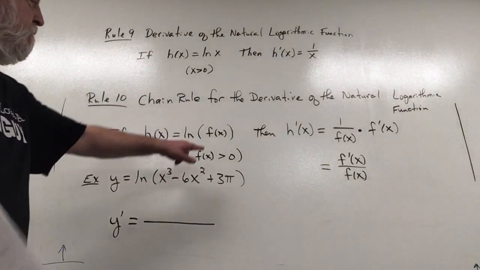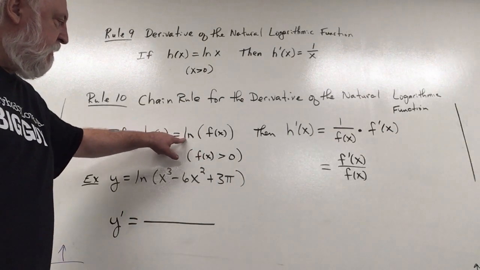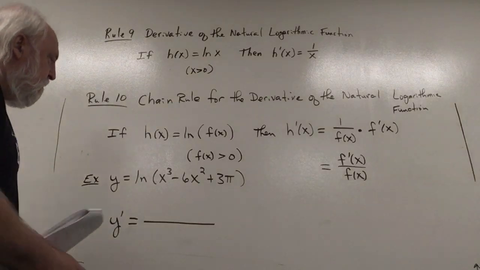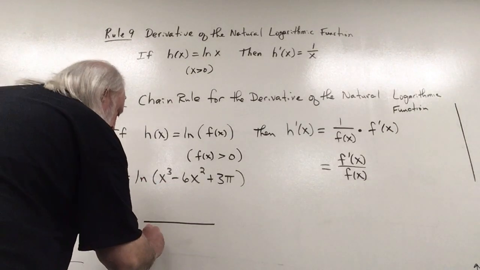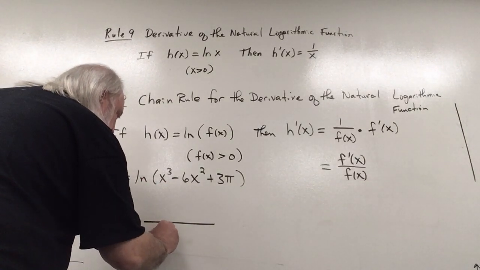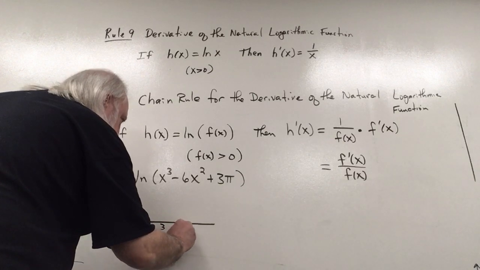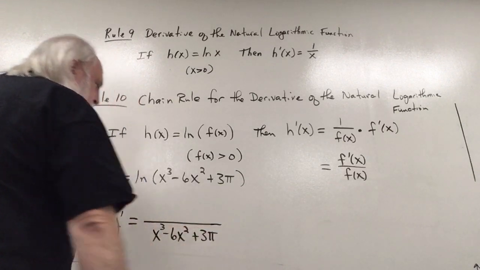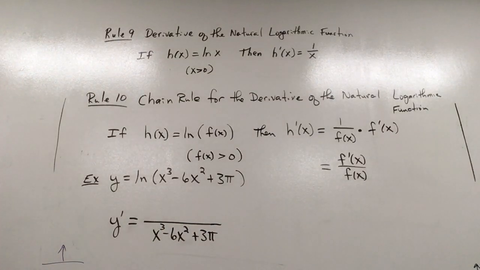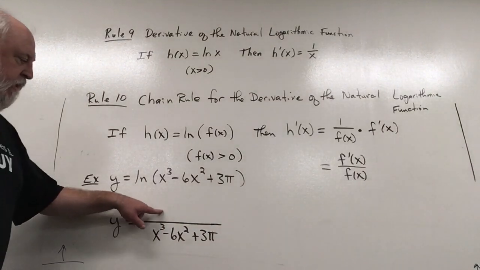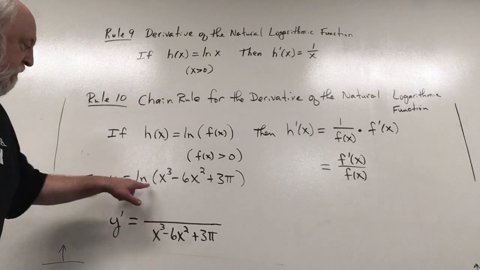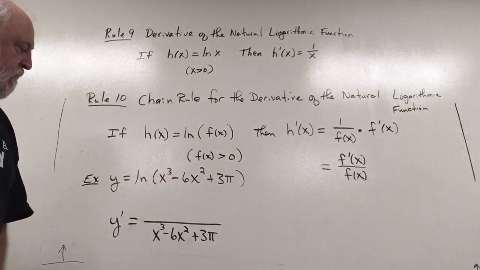from over here, the first thing you do is you take what's inside the log and you put it in the denominator. So what's inside the log? x cubed minus 6x squared plus 3 times pi. And then you put in the numerator the derivative of this denominator, what's inside the log here, inside parentheses here.